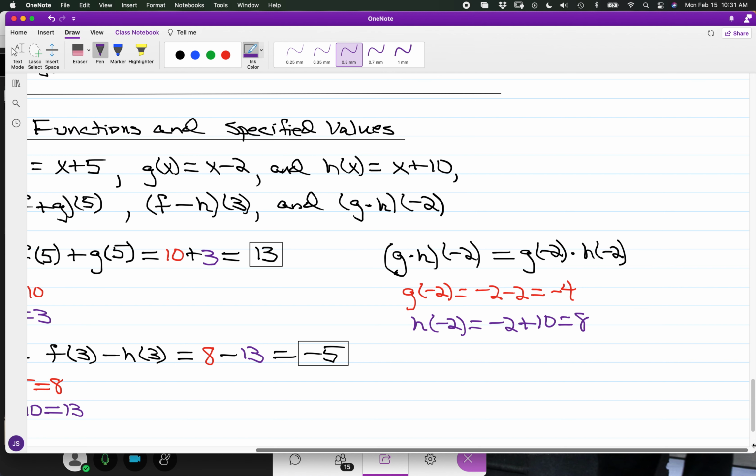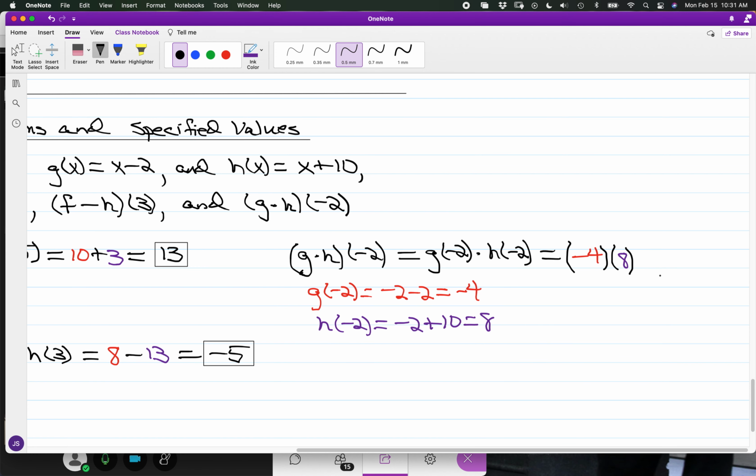Relaying over to the setup, we're now looking at the product of negative 4 and positive 8. And negative 4 times 8 comes out to negative 32.